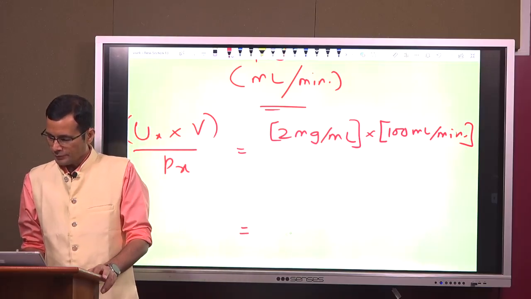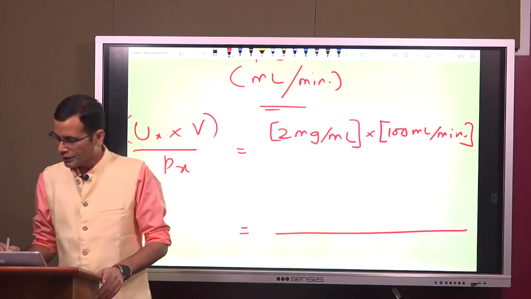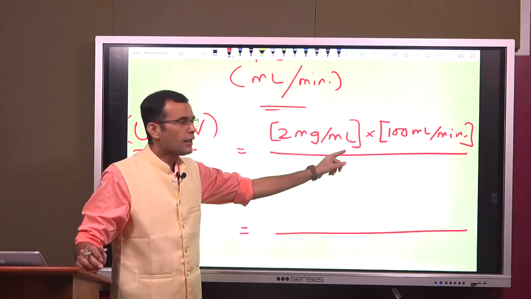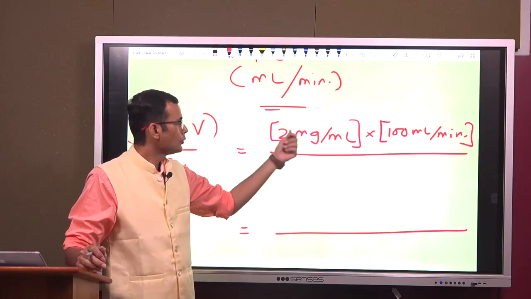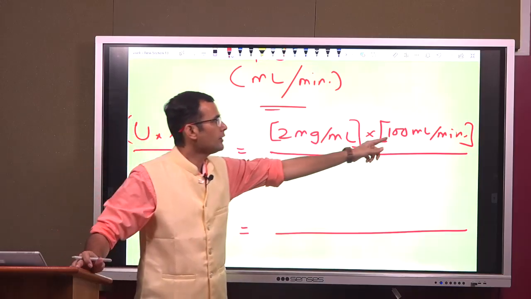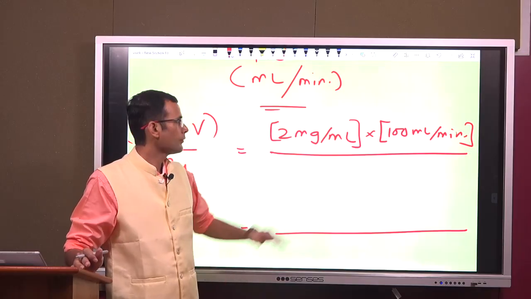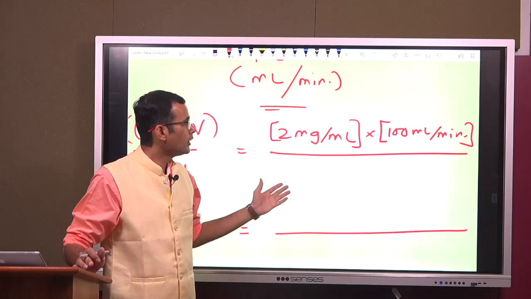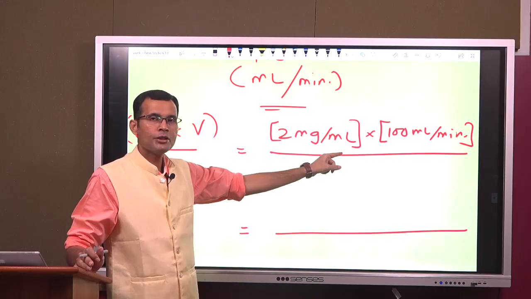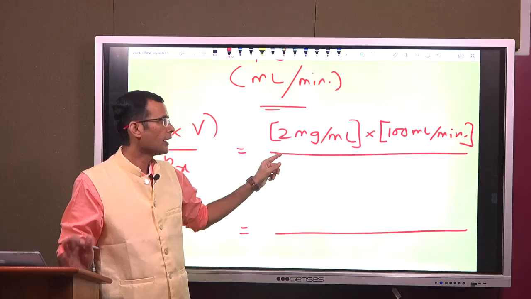That means in this, the numerator would be, see, in every 1 ml of urine, 2 milligram substance is being excreted. That means in the 100 ml urine, how much will be excreted? 100 into 2, that's 200 milligrams, isn't it? In every 1 ml urine, 2 milligram of that particular substance X is being excreted.